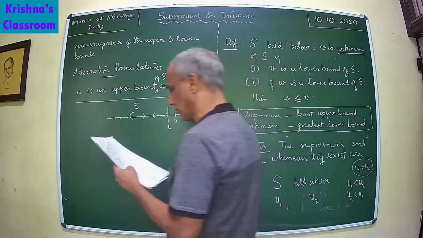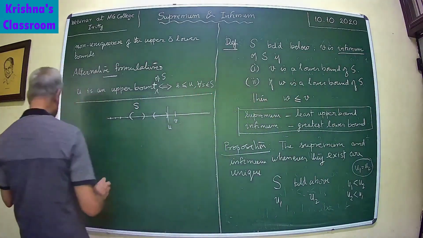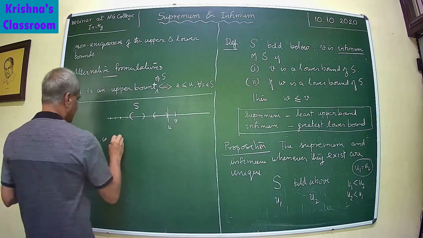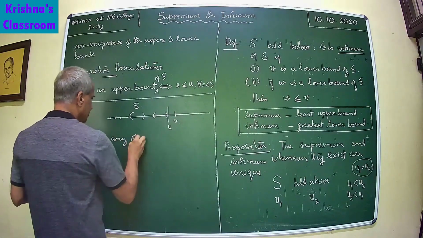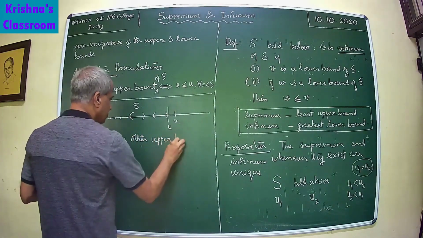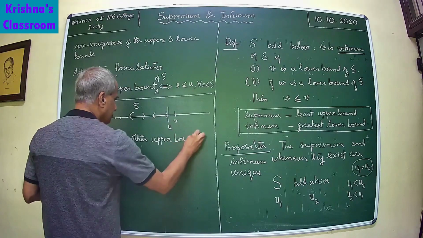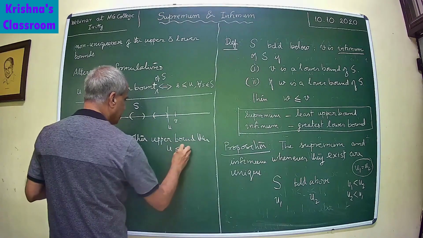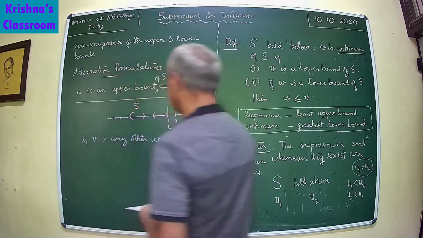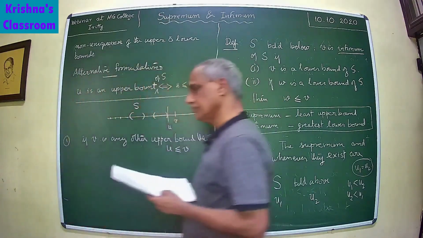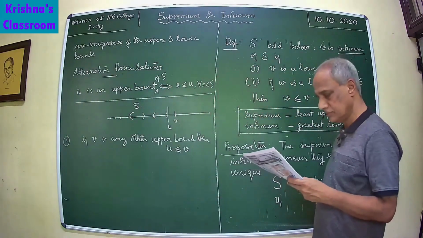That is one form: if V is any other upper bound, then U is less than or equal to V. This is the definition that we have chosen.